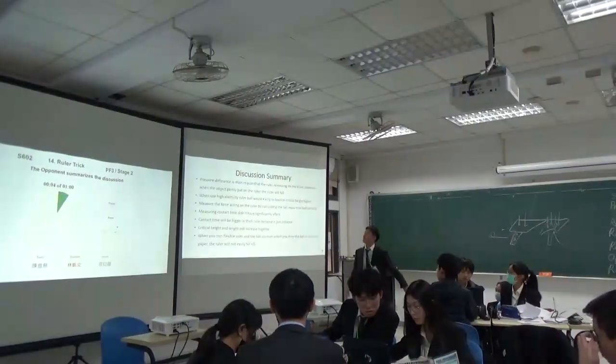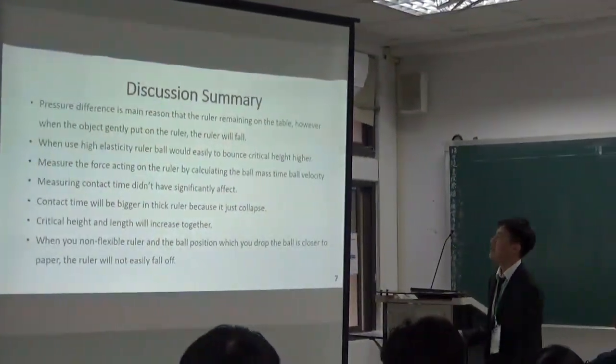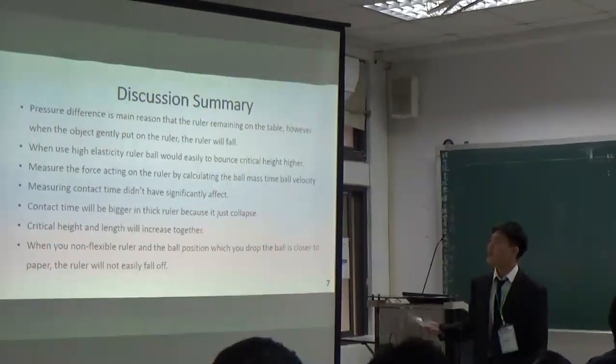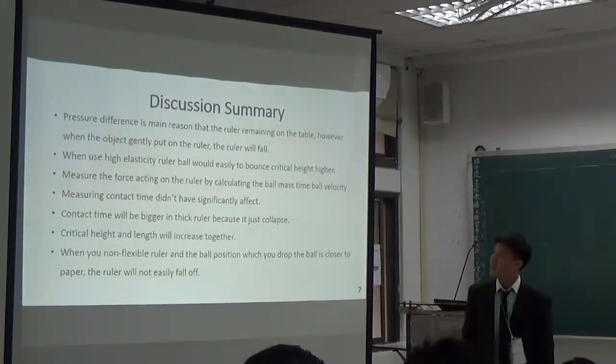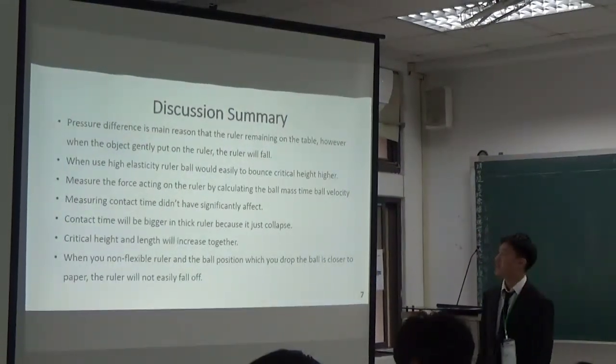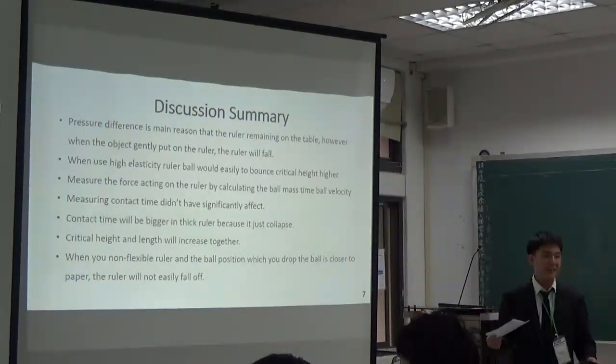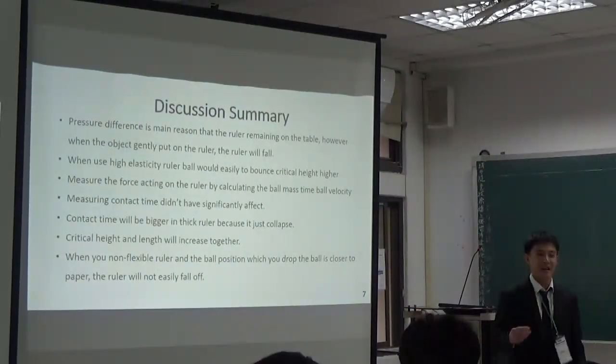Okay, so this is my summarization of the discussion. Firstly, pressure difference is the main reason that the ruler remains on the table. However, if the object is gently put on the ruler, it will fall, because not all of it is atmospheric pressure.